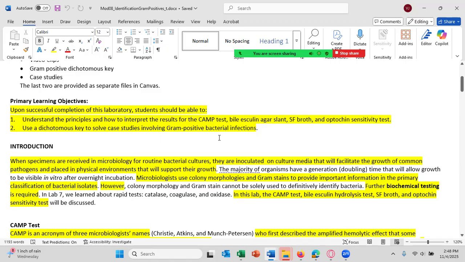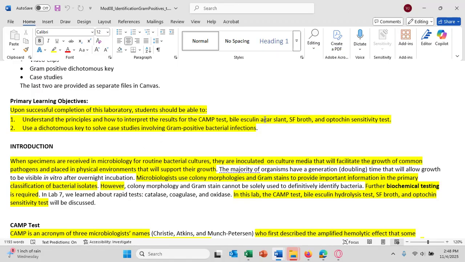And let me warn you, you can use AI to solve these problems, but if you do, then when you're given a dichotomous key case study problem on the quiz or the final, you won't be able to do it because you haven't actually done it yourself, or you'll have a much harder time doing it, I should say.